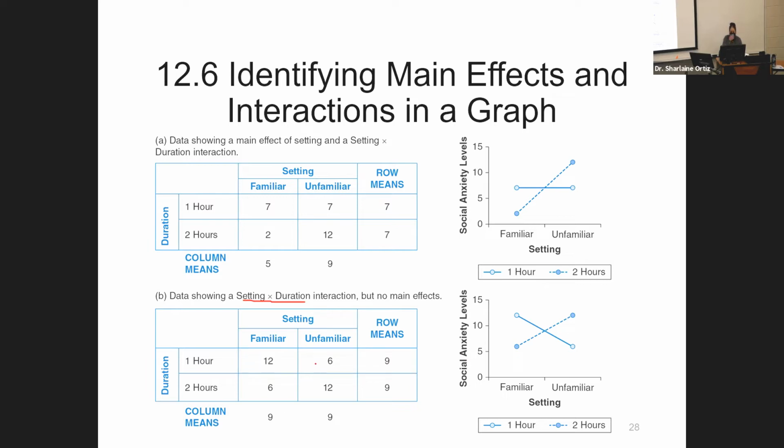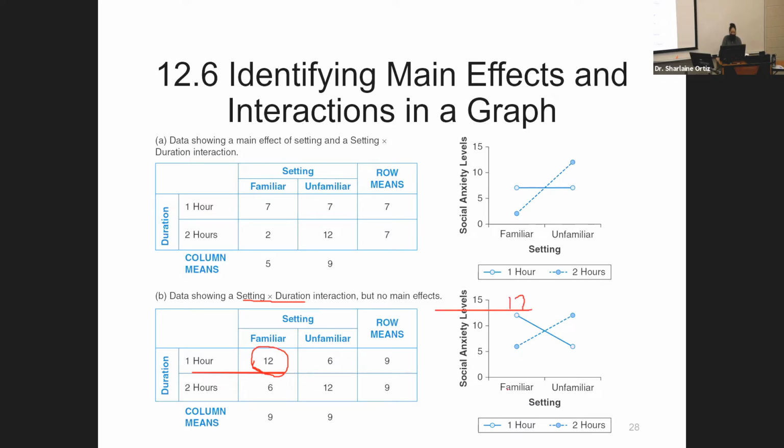So what does that look like? Well, notice that in regards to the previous example that we had, the reported anxiety for this person in a familiar setting for an hour, in this specific case, was 12.